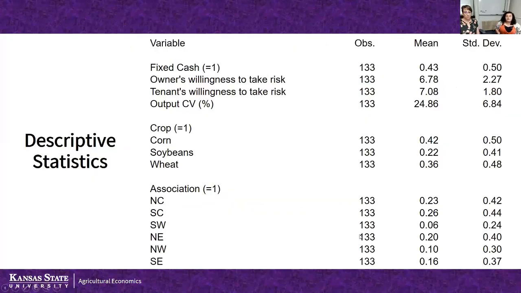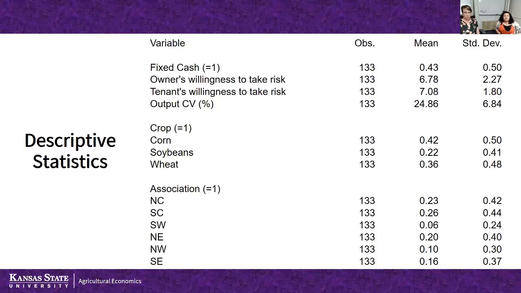To go over some of just the data in general, we had about 43% of those that were surveyed used fixed cash. On average, owners were slightly more risk averse than tenants, as you can see in that 6.7 and that 7.08. Corn was the most grown crop at 42%, with wheat and soybeans following, which is about what we would assume in Kansas.